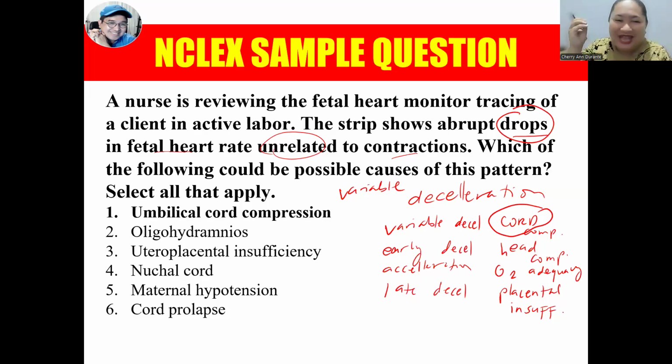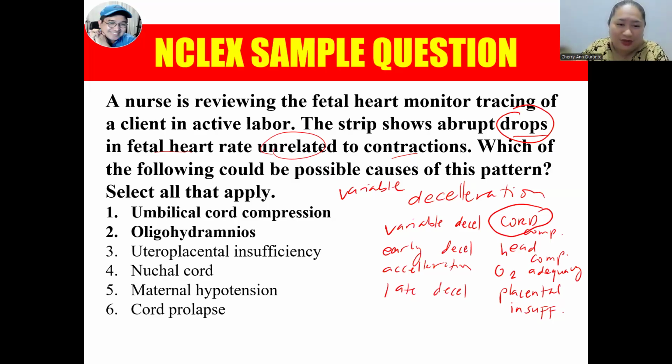Okay. Guys, listen. And this is usually what people miss. Why is the cord compressed? What is the reason why it's compressed? It could probably mean that the cord compression arose from a decrease in your amniotic fluid.